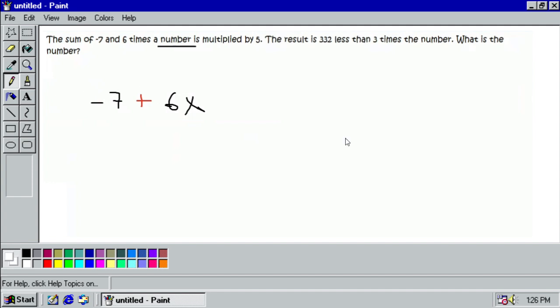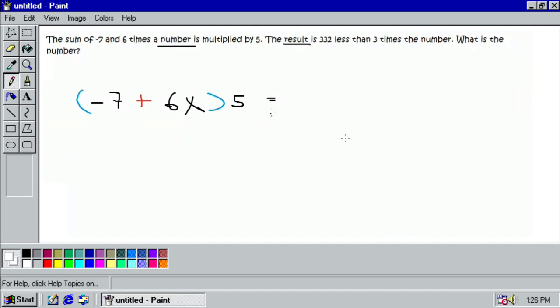And that sum is multiplied by 5. The result is equal to 332 less than 3 times the number, so that means subtraction.